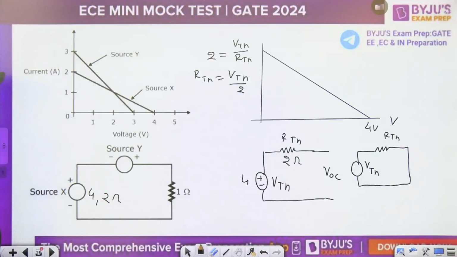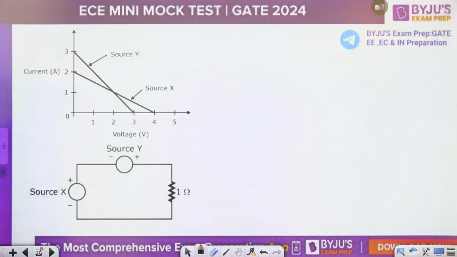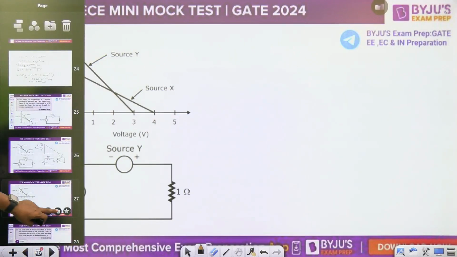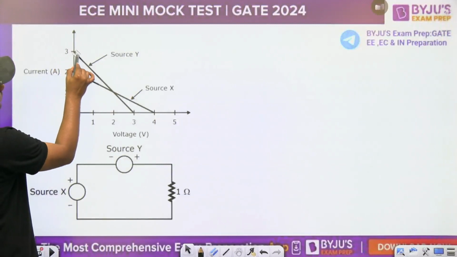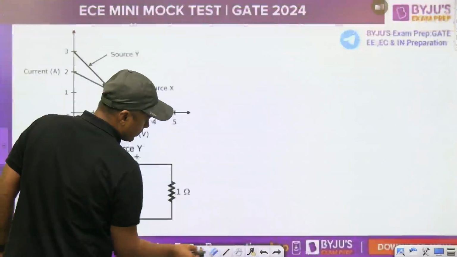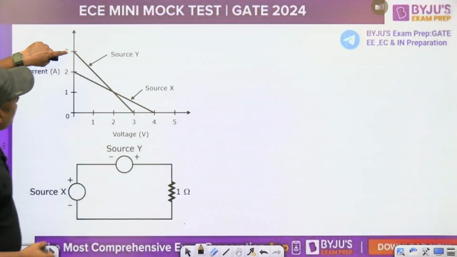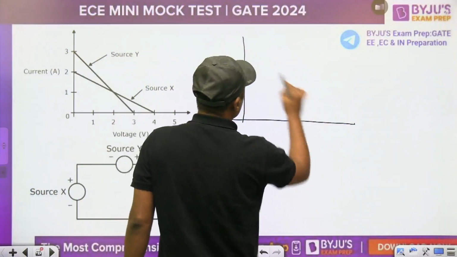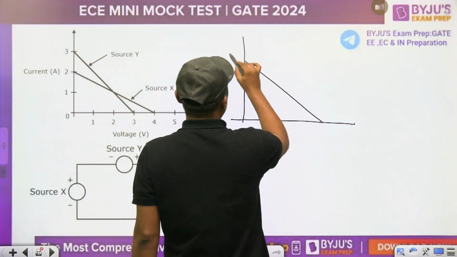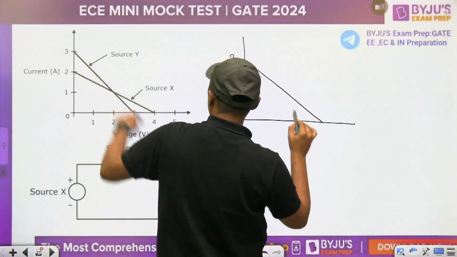We will connect. Then what is the source Y? Watch this source Y. This is Y. Y is 3. This is 3. And that is what? 3 also.